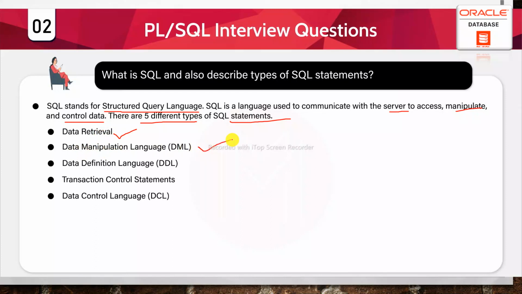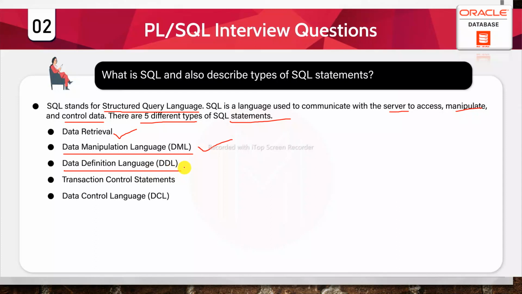Next we have DML. DML stands for data manipulation language. We can do operations like delete, update and insert. Those operations can be done with the DML commands. Then we have data definition language, that is DDL.